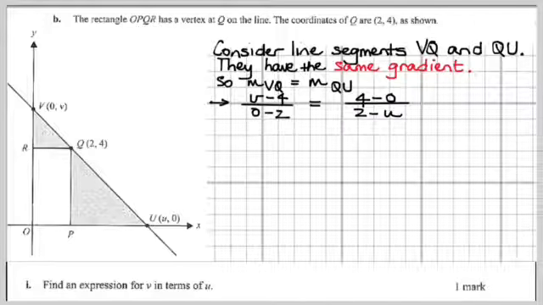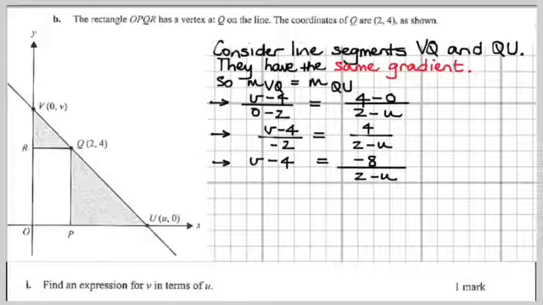V, that's Y2 minus Y1 for VQ, that's V minus 4 over 0 minus 2, equals the same thing for line segment Q to U. That's 4 as Y2 minus 0 as Y1 over 2 minus U, okay? There is our connection. So we can therefore just pretty that up a bit, and we'll get that.